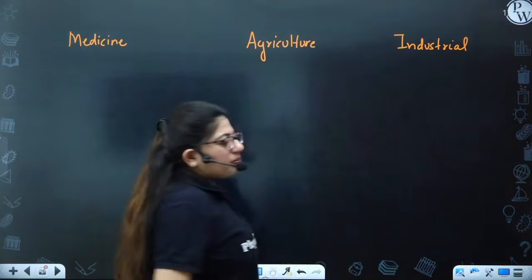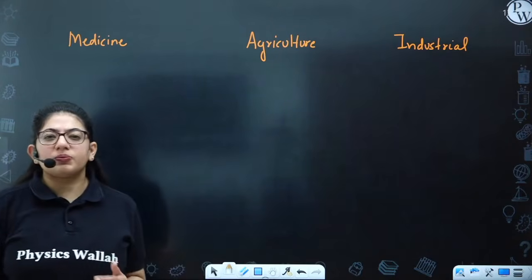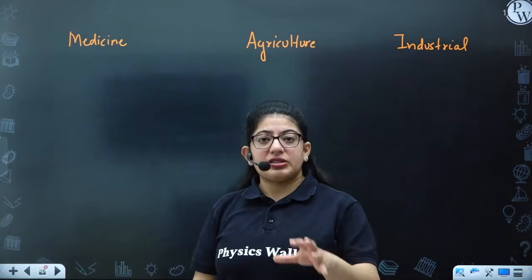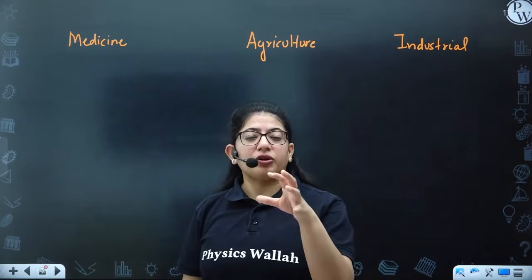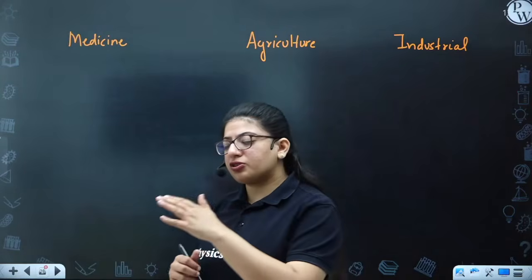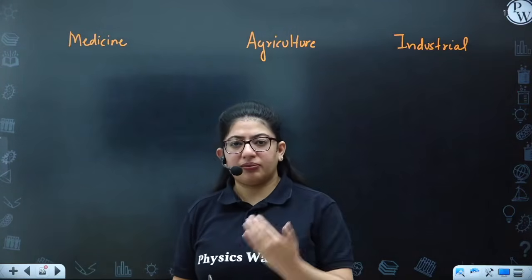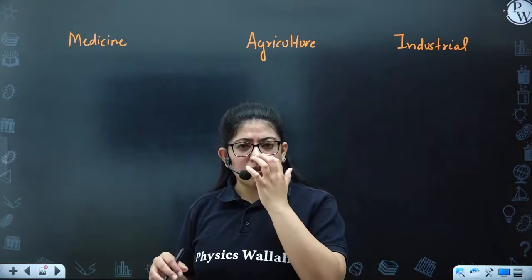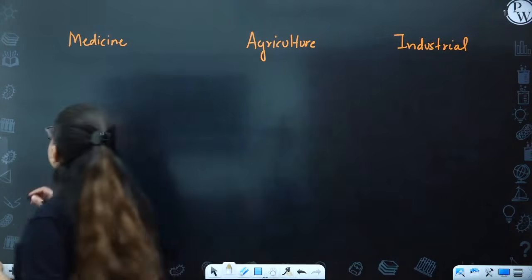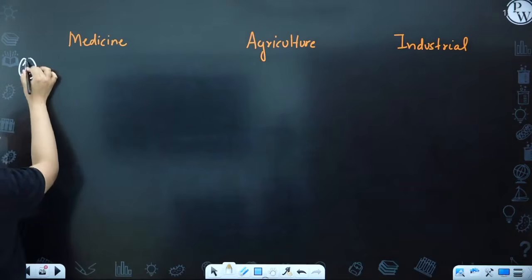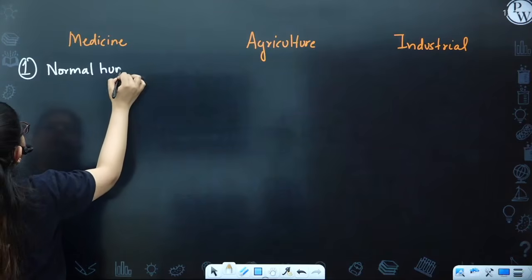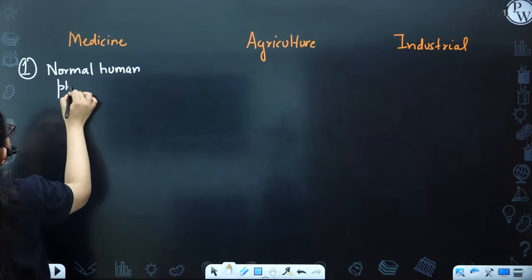If I'm talking about medicine, how are transgenic animals so important? First thing first, these animals help us to know about normal human physiology. Most of our organs are similar to mammals, like mice. So if you study the mice's normal physiology, you can also get to know about our physiology. Yes or no? So the first application in medicine is to study normal human physiology, how our body functions and works.